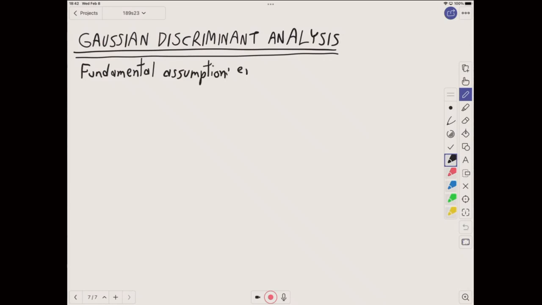So that's our fundamental assumption, that each class comes from a normal distribution, which is sometimes also called a Gaussian distribution.